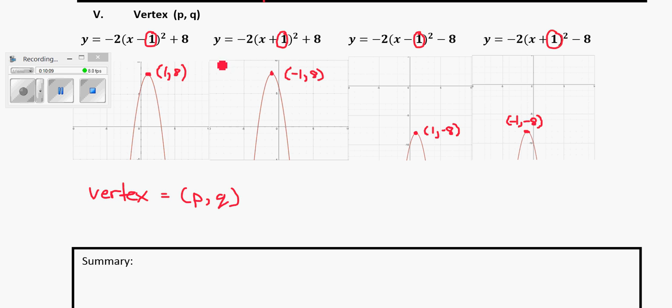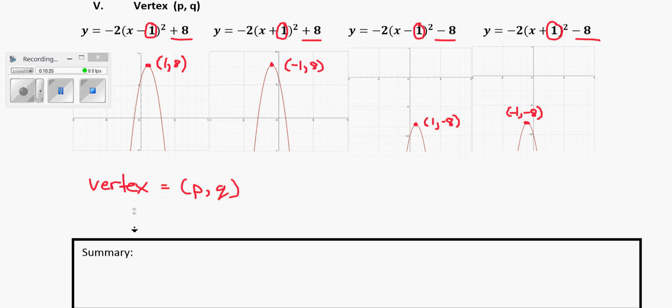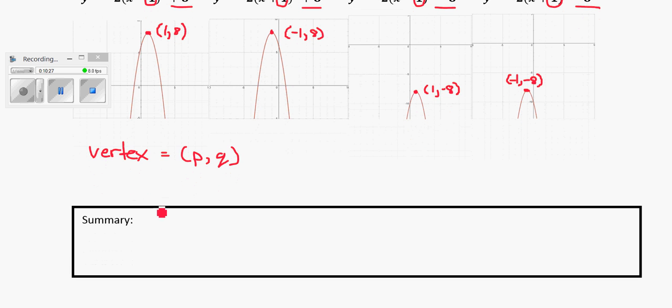And the q-coordinate, most students get this right every time because the q-coordinate, the sign stays the same. So we have positive 8, positive 8, negative 8, and negative 8. So in our summary, I'm just going to put here to be careful.